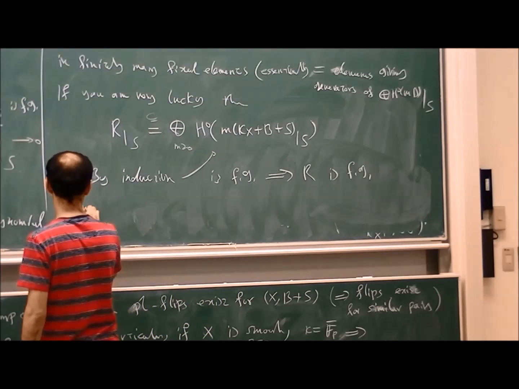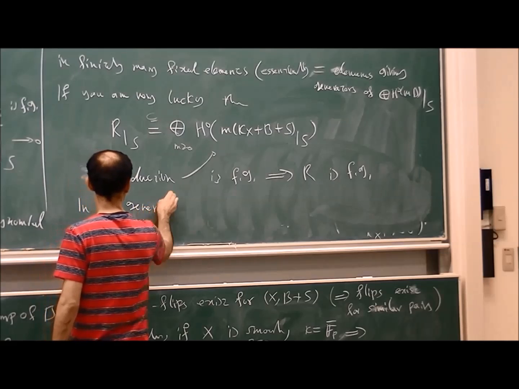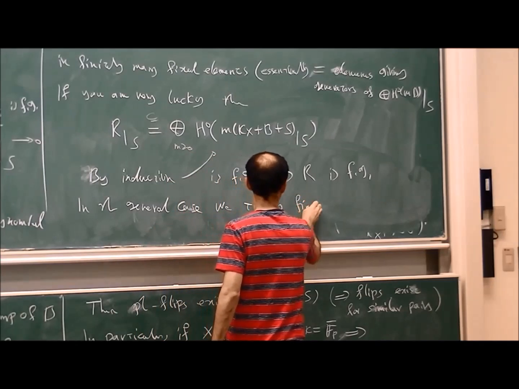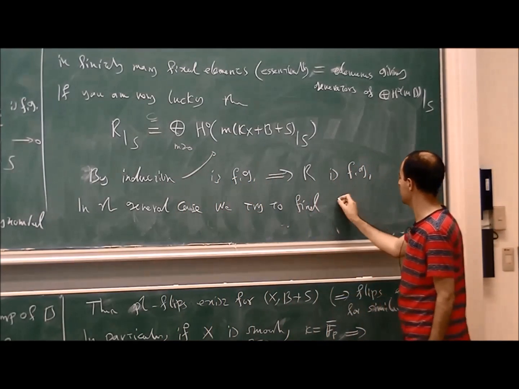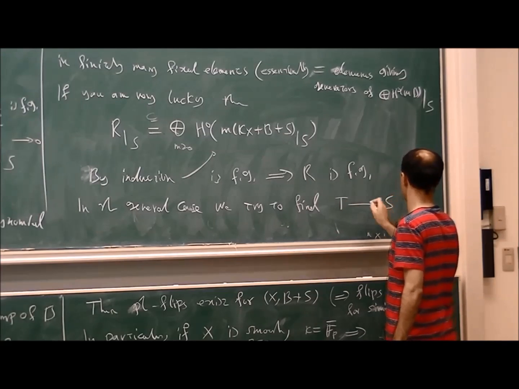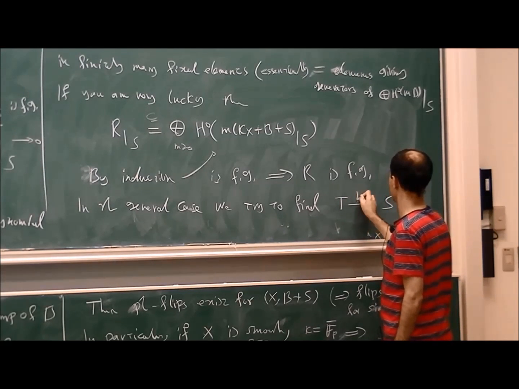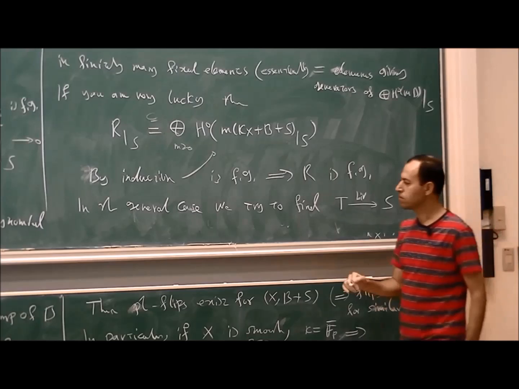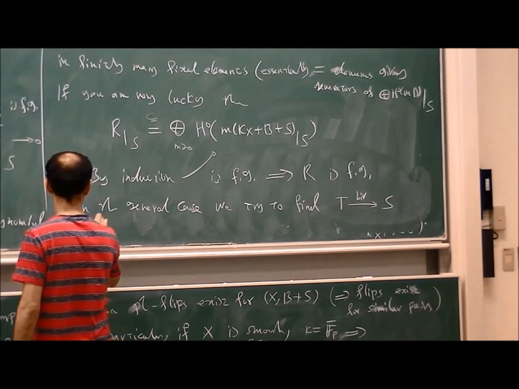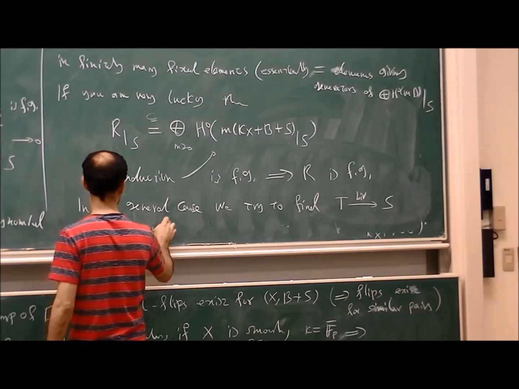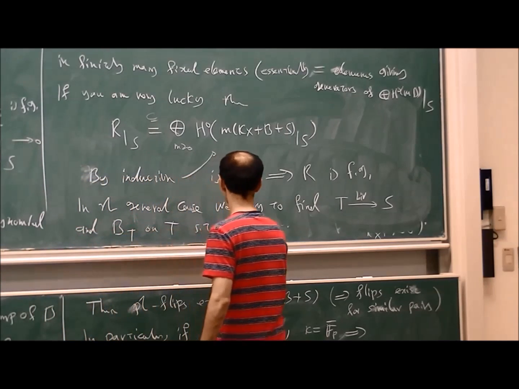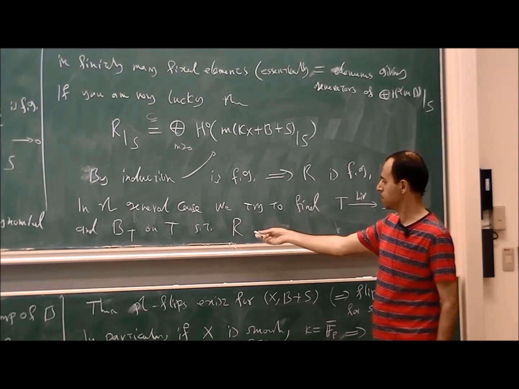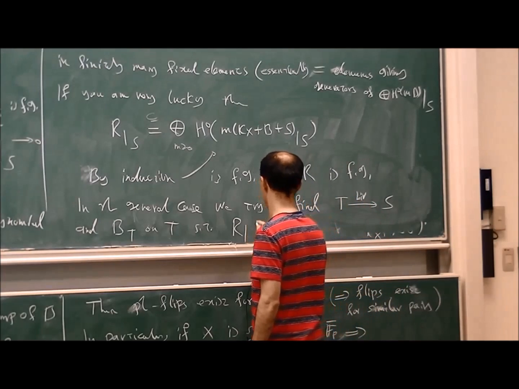So in the general case, we try to find maybe not S itself, but some birational model, maybe a resolution, some birational model of S, and also find a divisor and a boundary Bt on T such that if you restrict your R, you can also restrict it to T because these are elements of the rational function field, so you can restrict.